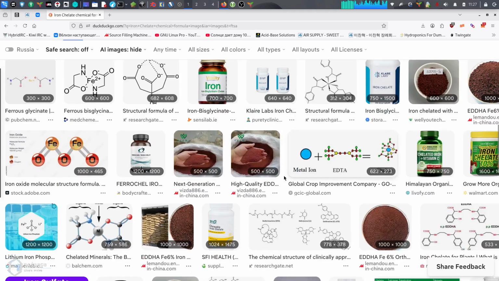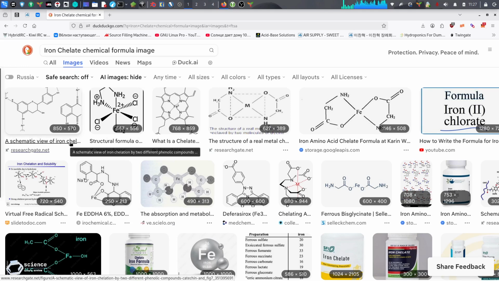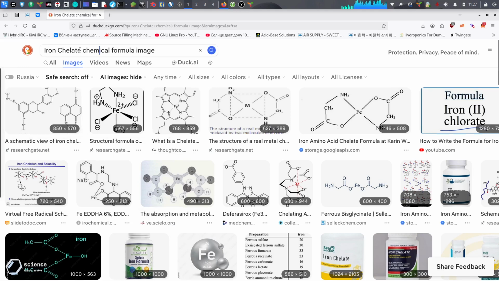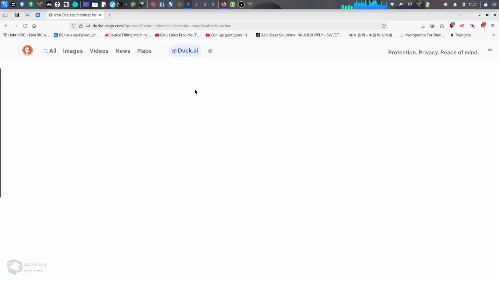This is not iron chelation. No, chelate chemical formula. Let's ask ChatGPT what is the chemical formula.